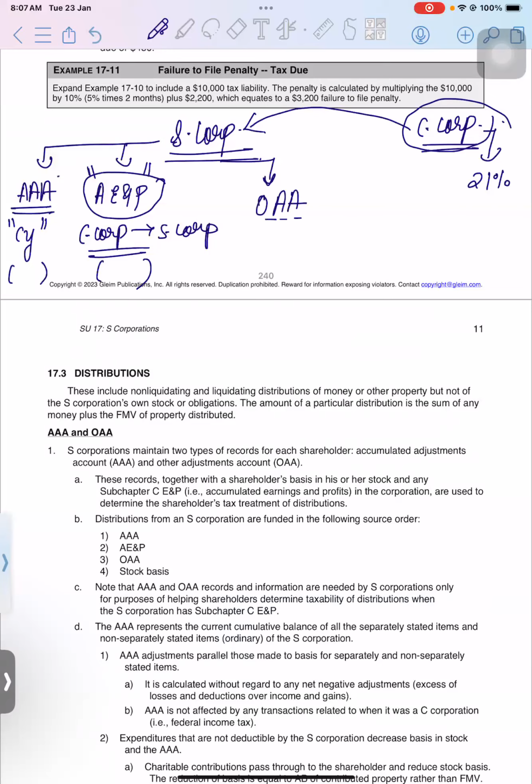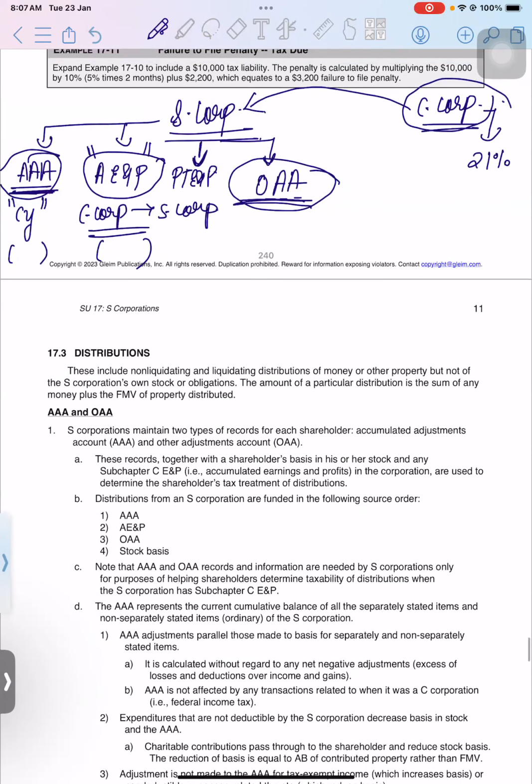Now I'll explain the meaning of AAA and OAA, and the difference between these two. And here comes one more thing, that is previously taxed earnings and profit. This comes mainly in the C Corporation, but right now for S Corporation, you just need to understand what AAA is and what OAA is.